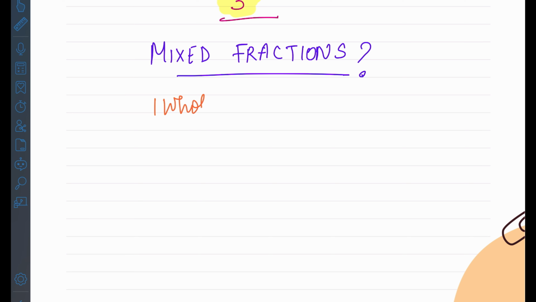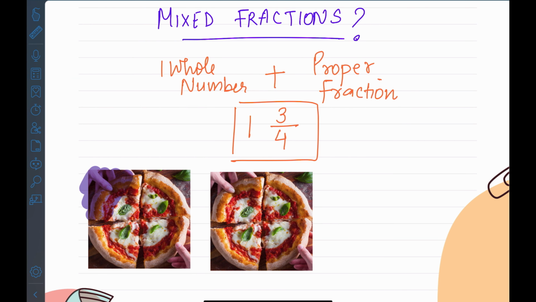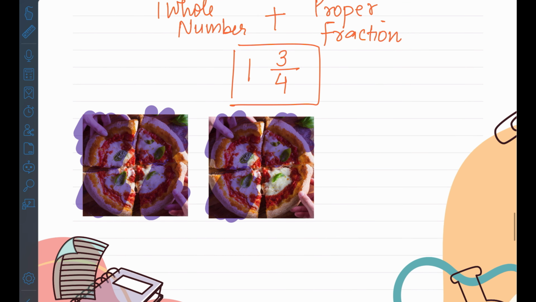But what are mixed fractions actually? Mixed fractions are always a combination of a whole number and a proper fraction. Here's a quick example. We have 2 pizzas here. Out of these 2 pizzas, which are divided equally in 4 parts, the first pizza has been eaten completely.